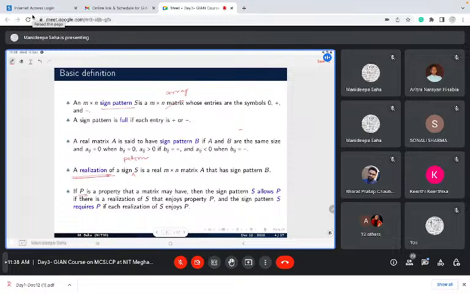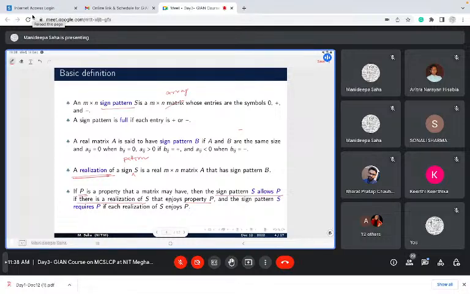Then we say that the sign pattern S allows P if there is a realization of S that enjoys the property P. P can be any property.